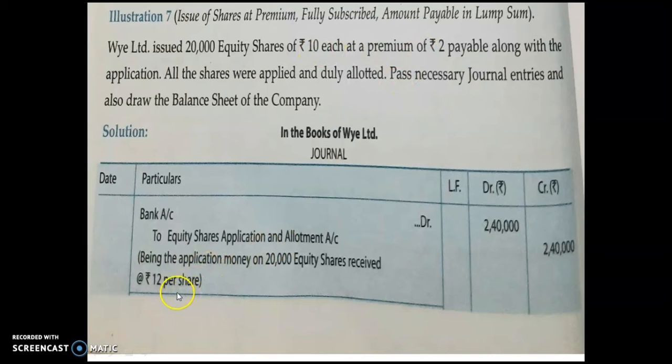So we are collecting 12 rupees from one shareholder. So when we issue 20,000 equity shares, we are getting 12 rupees per share. So 20,000 into 12, you will get an amount of 2,40,000 in your bank account, that is the company's bank account. So this is your first journal entry.